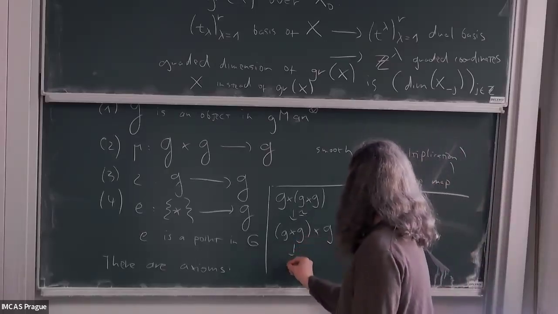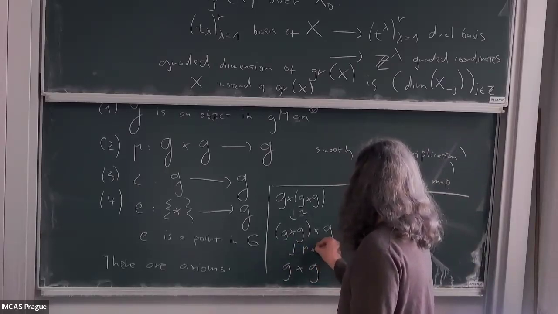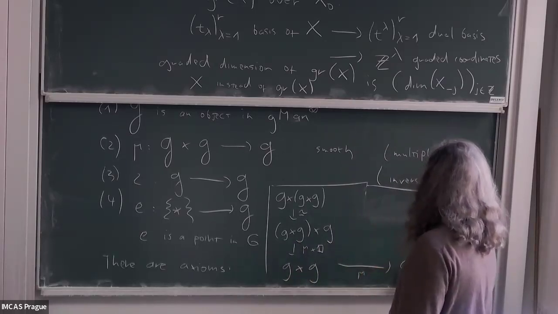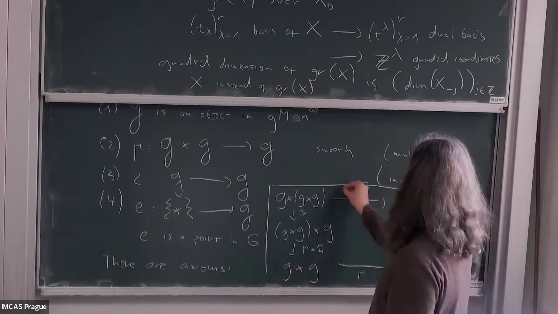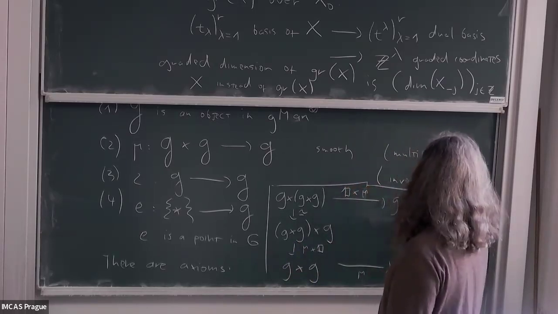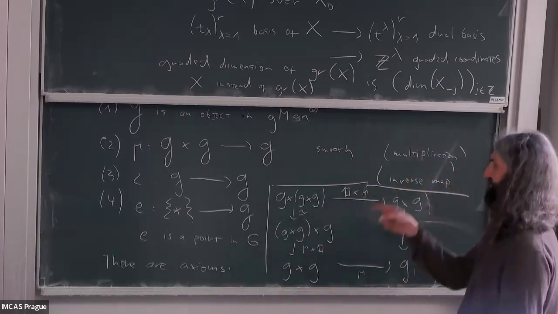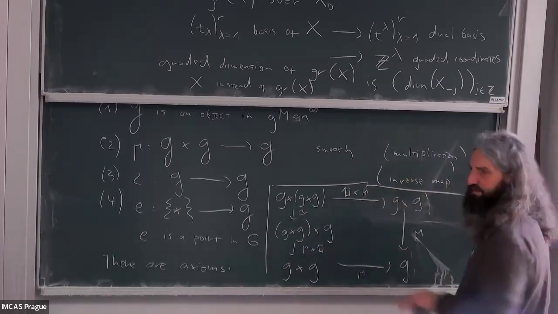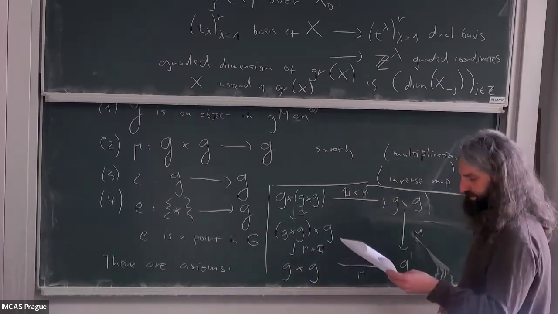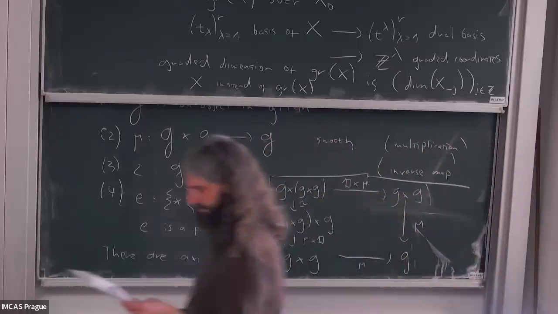Then you can take mu times identity to get to G times G, then use mu to get to G, or you can take identity times mu to get to G times G, and then take mu to get to G, and you impose the commutativity of this diagram, and that's the associativity axiom for a graded Lie group. Okay, so this is the definition.